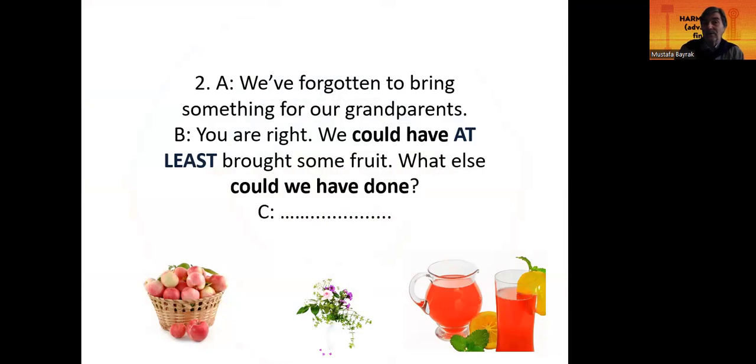We could have at least brought some fruit. If you say we should have brought some fruit, there is no need to say at least. But here, we could have at least brought some fruit. What else could we have done? We might have at least brought some fruit juice for them.